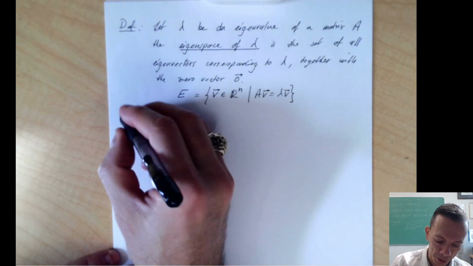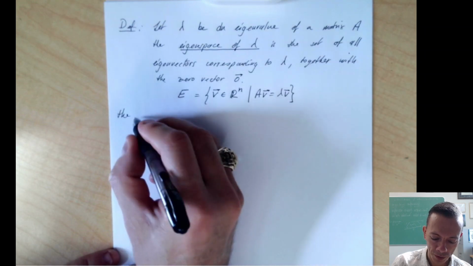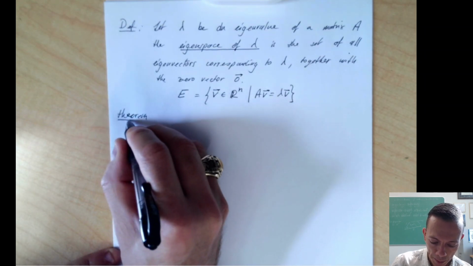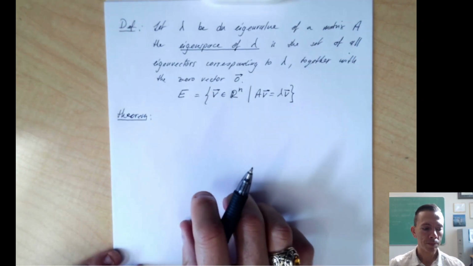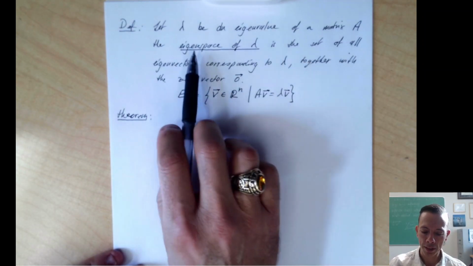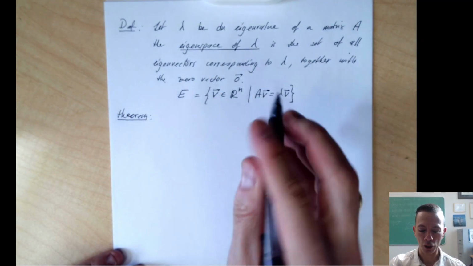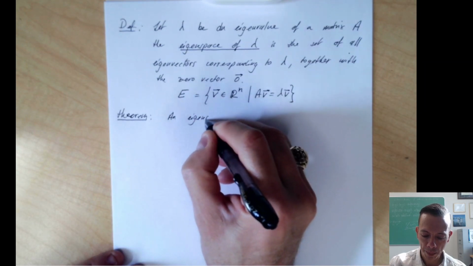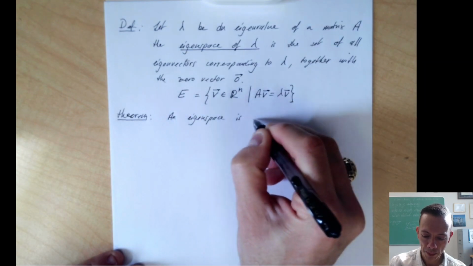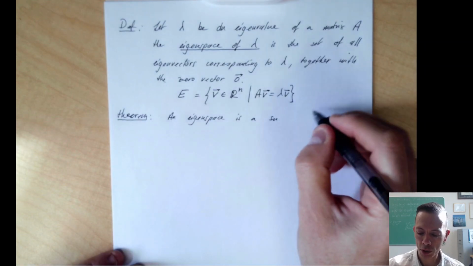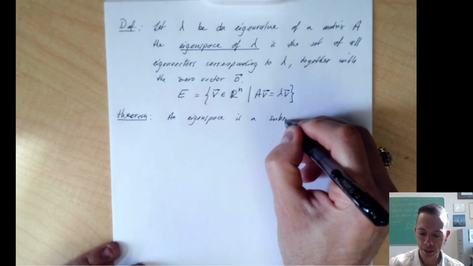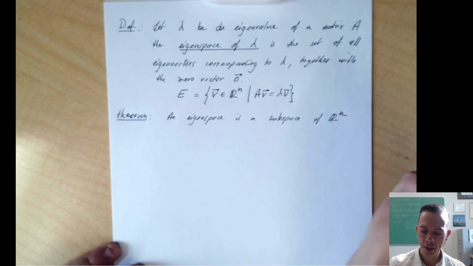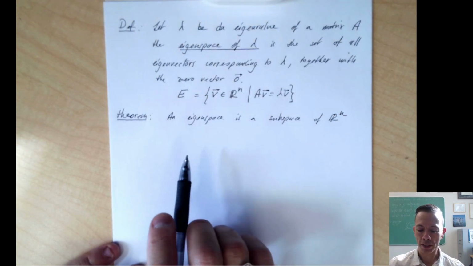So the main theorem associated with this definition is the fact that an eigenspace is a vector space, and more specifically, a subspace of R^n, as indicated by the word space.